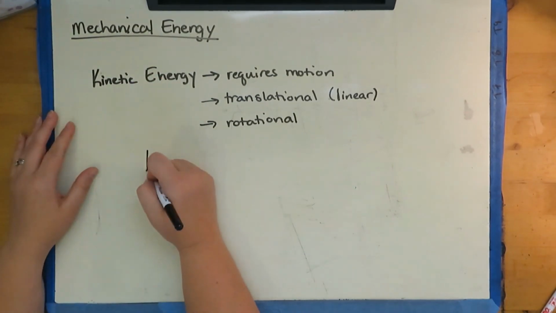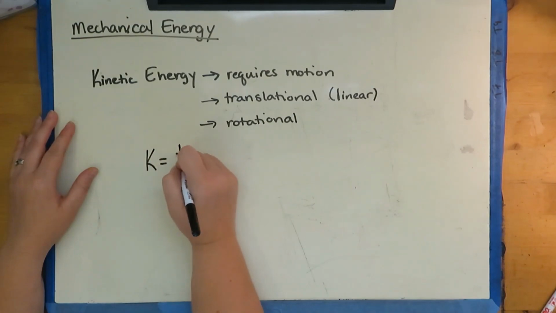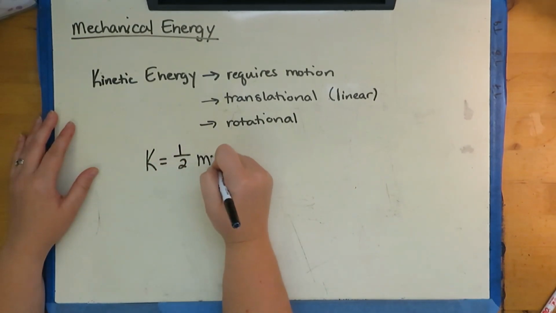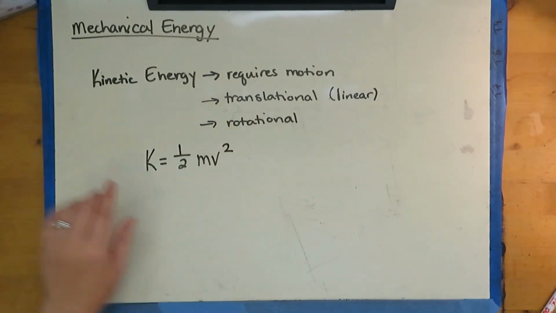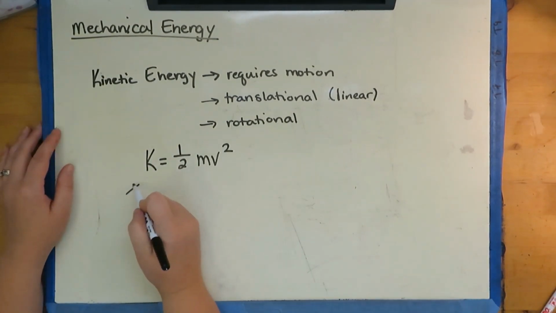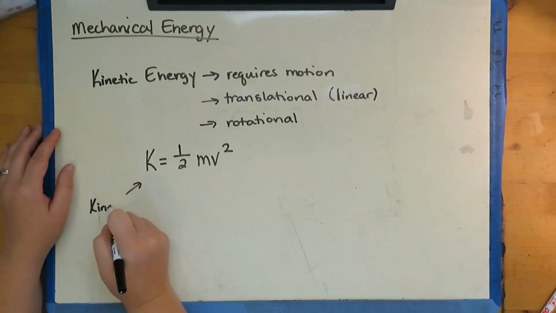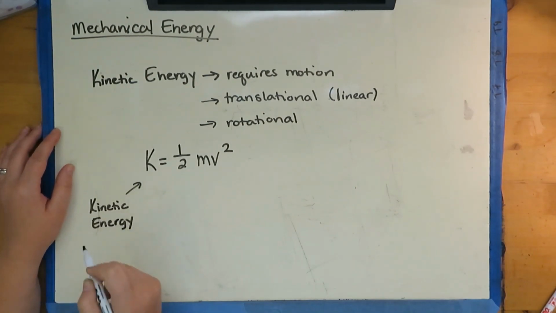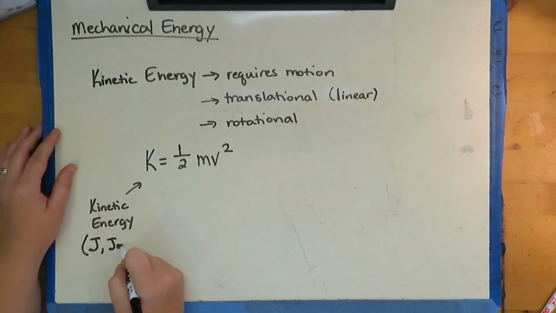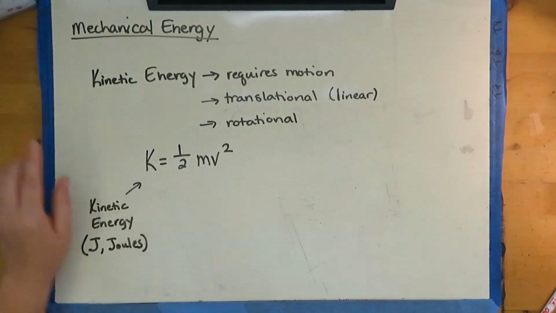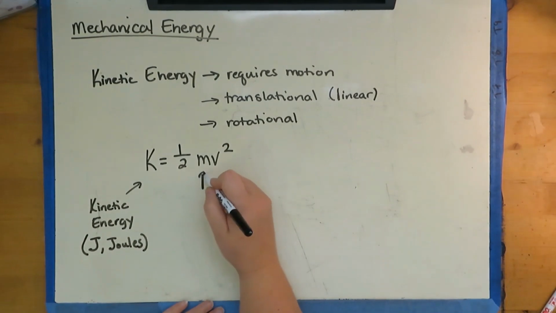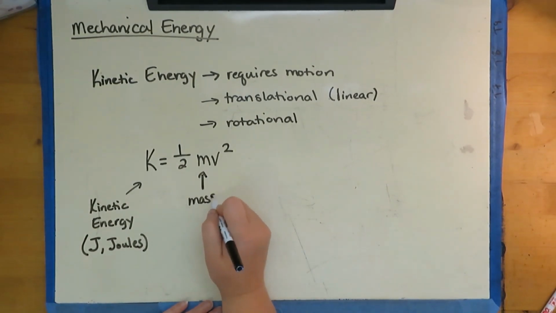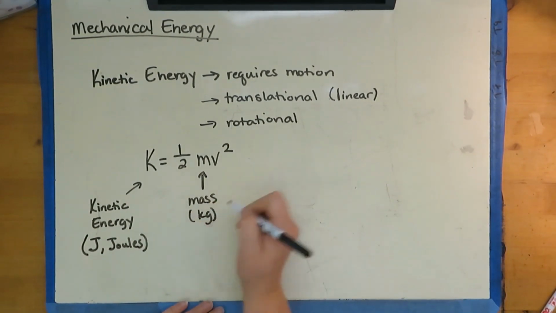So translational kinetic energy is an equation 1/2 mv squared, where K is our kinetic energy. Kinetic energy, and all energy, is measured in units of joules. M is our mass of the object in kilograms.